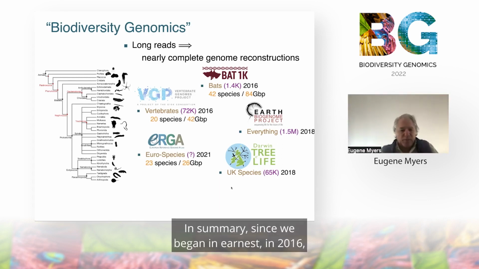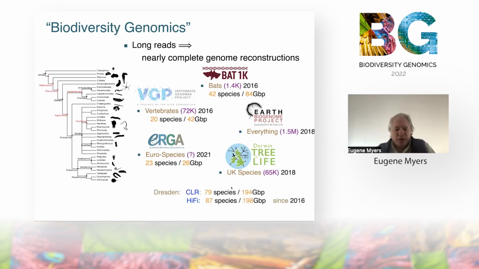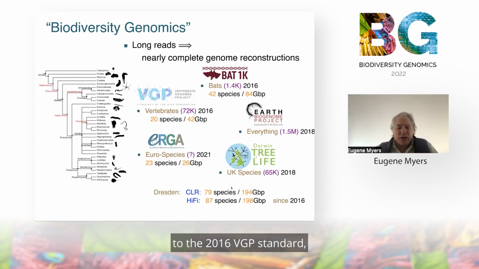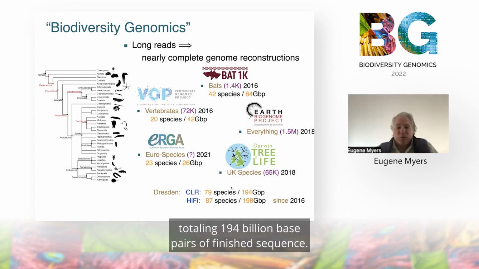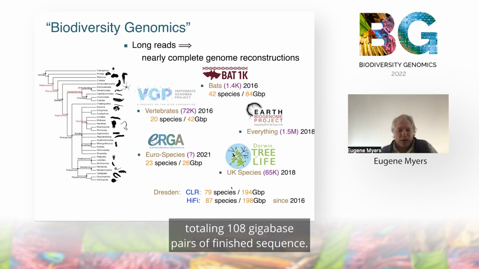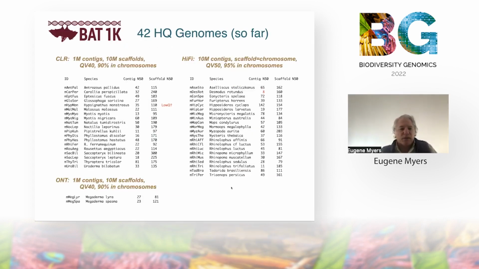In summary, since we began in earnest in 2016, the Dresden Center has sequenced 79 species to the 2016 VGP standard, totaling 194 billion base pairs of finished sequence. And more recently, we've sequenced another 87 species to the 2020 VGP standard, totaling 108 gigabase pairs of finished sequence.